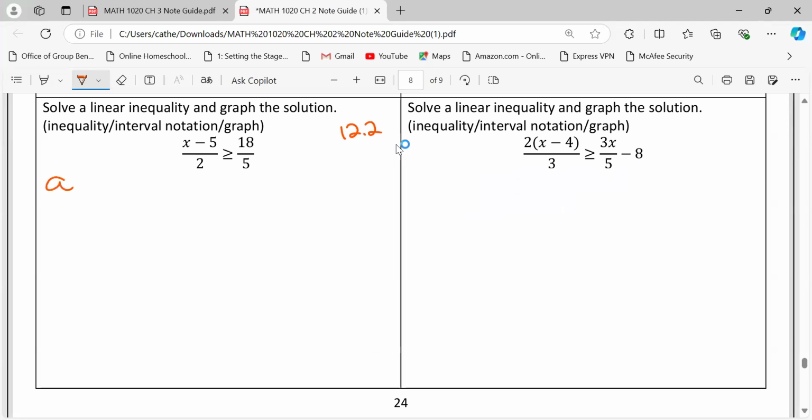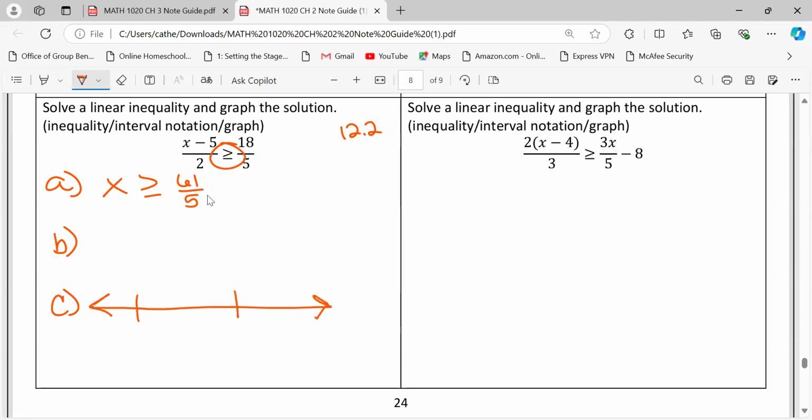So we have part A, X is greater than or equal to, what was it, 61 over 5. Part B is your interval notation. 12.2 falls between 12 and 13.